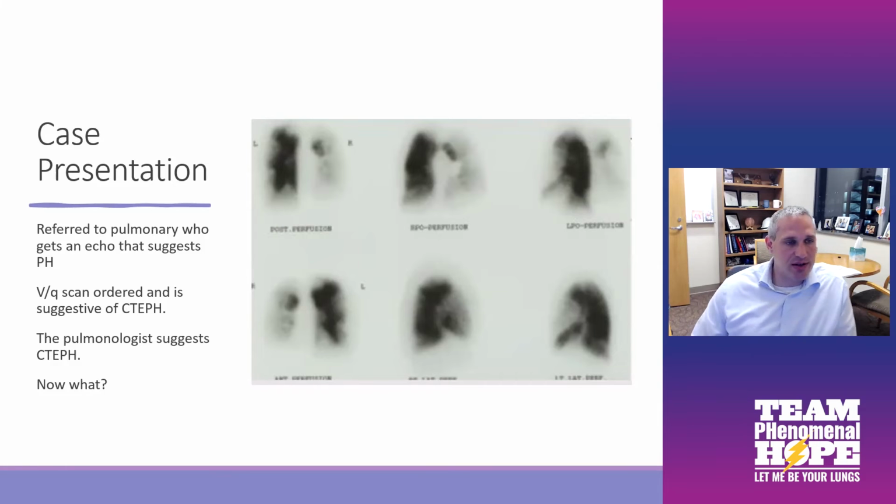And the test that's usually done to establish that is a VQ scan, which is that nuclear medicine scan that was mentioned earlier. And so this person gets a VQ scan, and it shows really diminished perfusion on one of the lungs, and it's consistent with CTEPH.